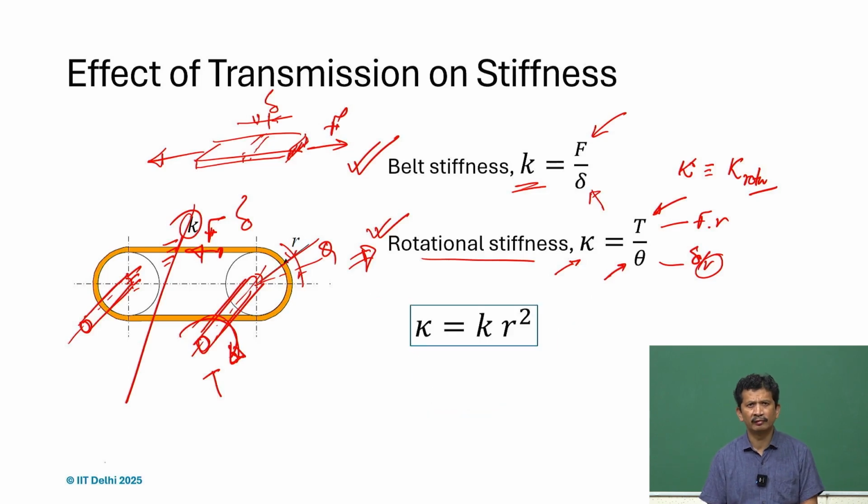So, when we rearrange, what we realize is that this rotational stiffness is equal to K times, that is the belt stiffness, into R square. So, it is the square of the radius. So, if the radius is large, there is a huge impact on the rotational stiffness.